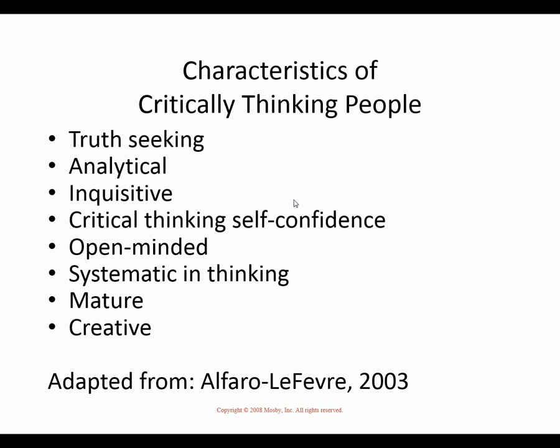Characteristics of critical thinking people. What do you see in a person that is a critical thinker? They seek the truth. They are always truth seeking. They're very analytical. They're inquisitive. Okay? Critical thinking shows self-confidence. They are very open-minded. They're systematic in their thinking.